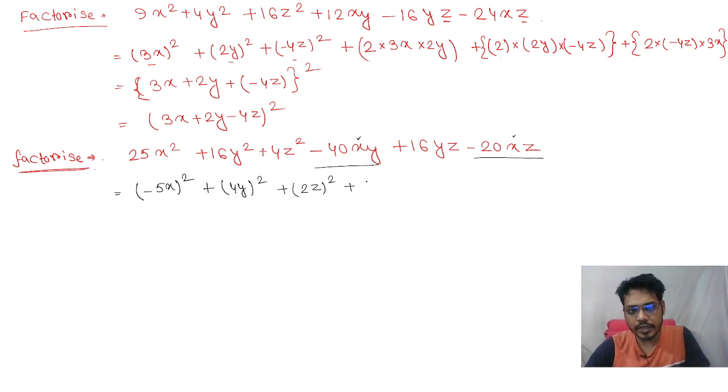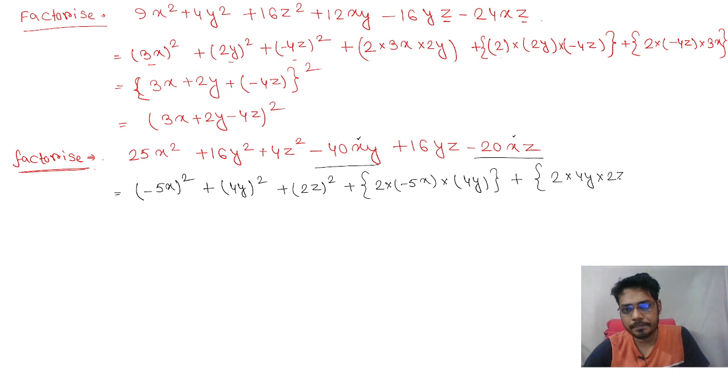So plus 2xy, 2, x is minus 5x, y is 4y, plus 2yz, 2 multiply 4y multiply 2z, plus 2xz. So x is minus 5x, z is 2z.